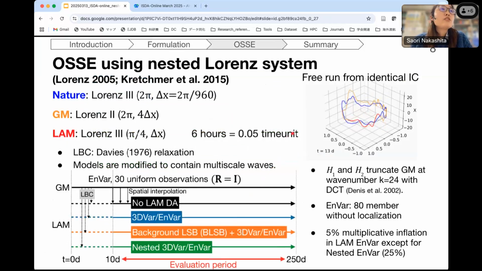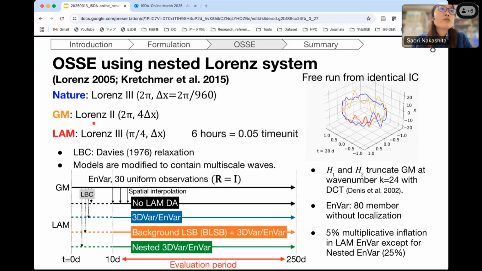Now, nested EnVar is compared against the conventional DA and other LSB schemes using a cycled experiment with the nested Lorenz system. Based on Kretschmer et al. 2015, the nested Lorenz system is constructed using the spatially one-dimensional chaotic multi-scale model proposed in Lorenz 2005. The nature run is created using the type 3 model within a global domain with 960 grid points.